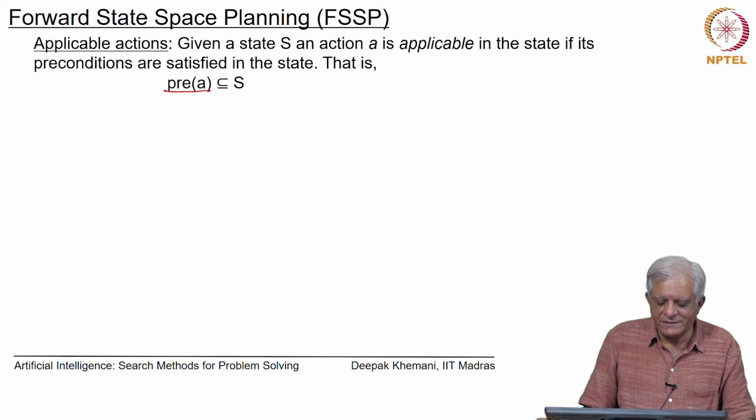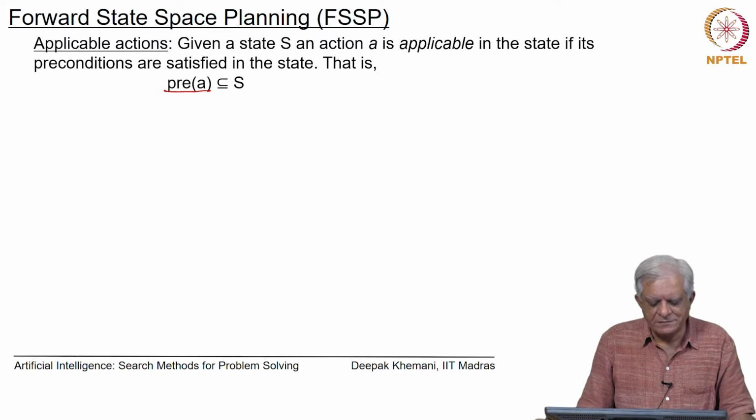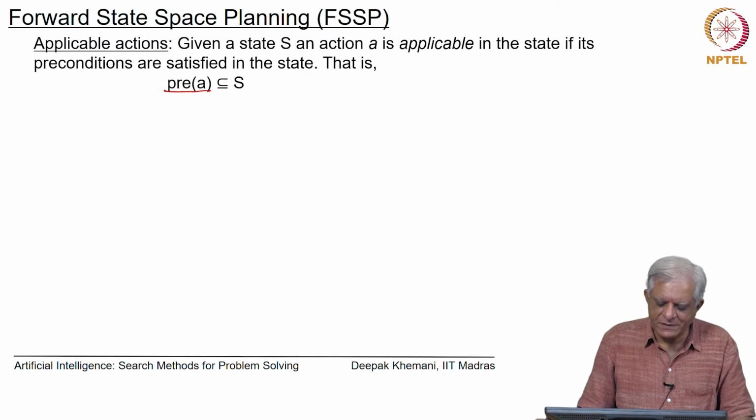So, the precondition, which is a set of predicates, is a subset of S, which is also a set of predicates, and an action A is applicable if its preconditions are true in the state.